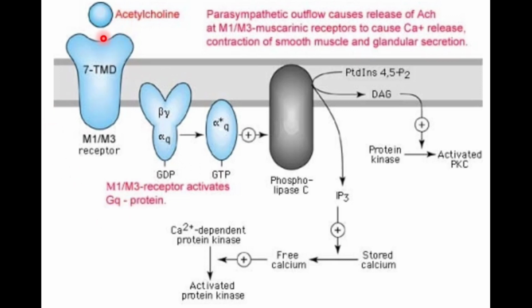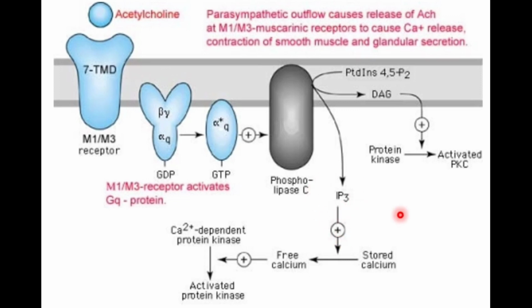Attachment of acetylcholine to the receptor increases the activity of phospholipase C, and therefore formation of the intracellular messenger inositol triphosphate is increased.